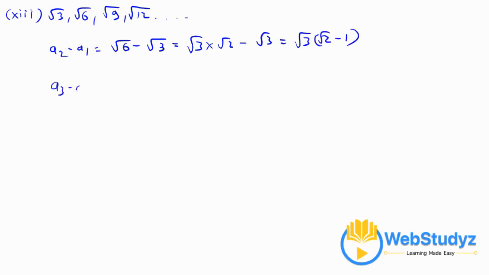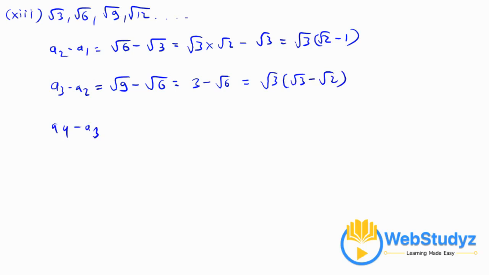Again a3 minus a2 will be √9 minus √6. We can write this as 3 minus √6. So this will give us the value as √3 into (√3 minus √2).